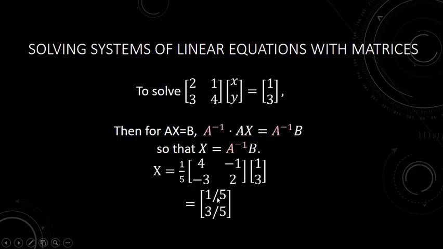You should get 1, 3 from this product, and since everything is times 1/5, I've gone ahead and put the 1/5 on the inside. So 1/5, 3/5. What this is saying is x, the first entry in that column, is 1/5, and y is 3/5. And of course you could check my work by substituting those into the original linear equations to see if you got it correct. But this would be the appropriate solution for that system of equations.